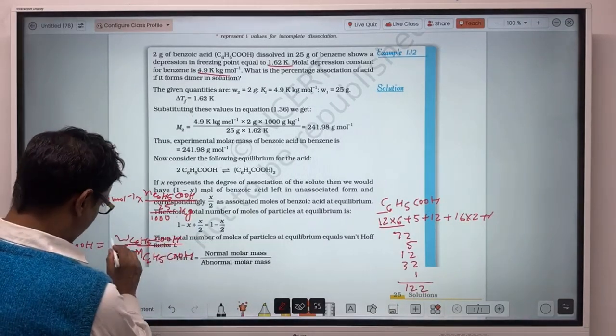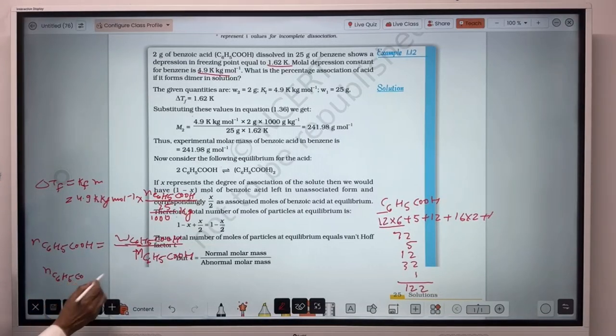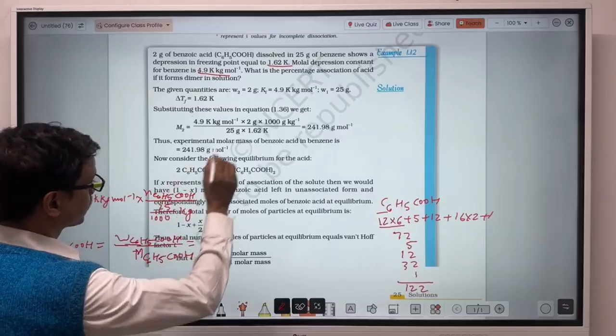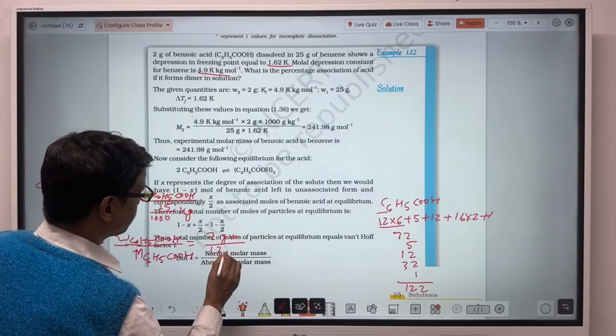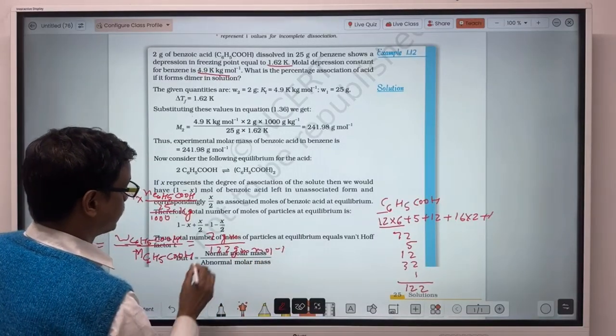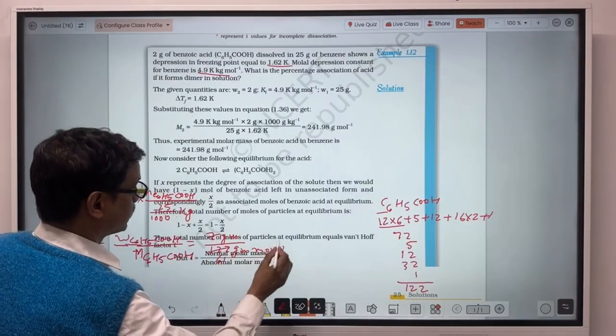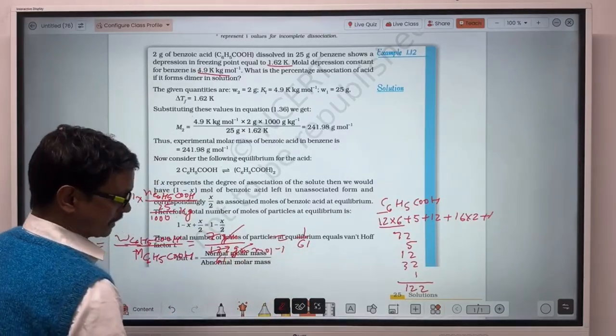So the number of moles will be equal to the weight given, 2 gram, upon 122 gram per mole. That means 1 upon 61 mole, the gram will cancel out.